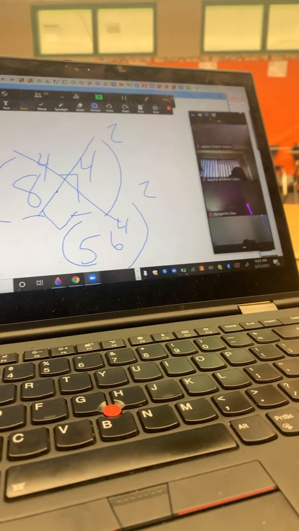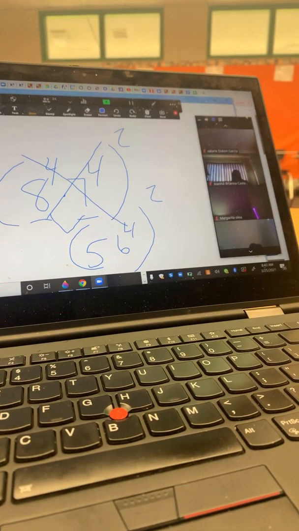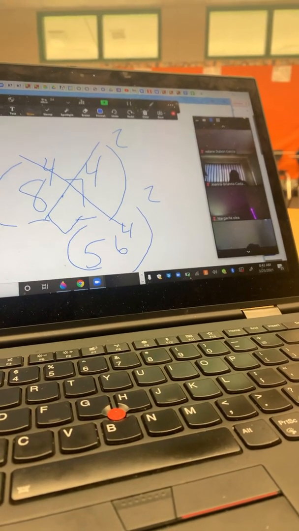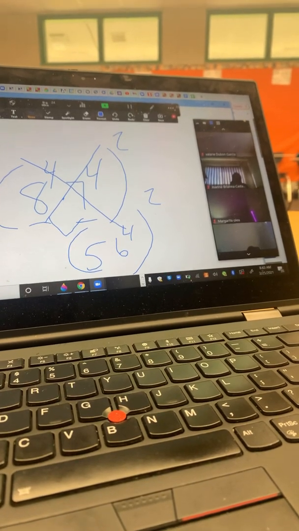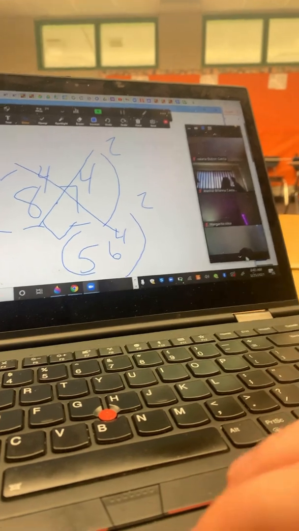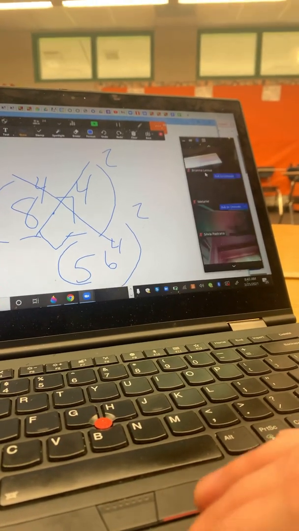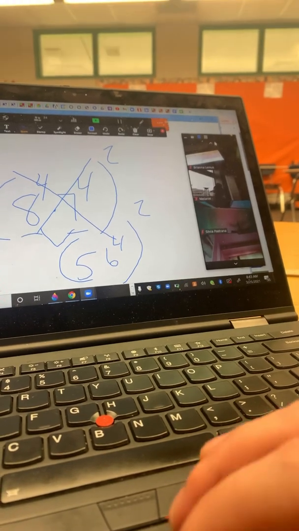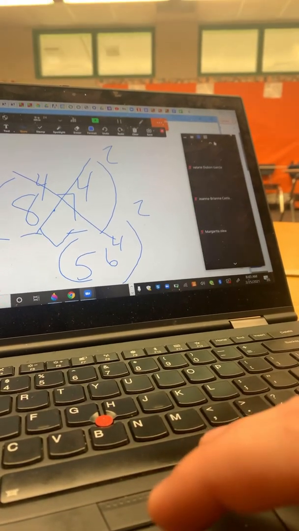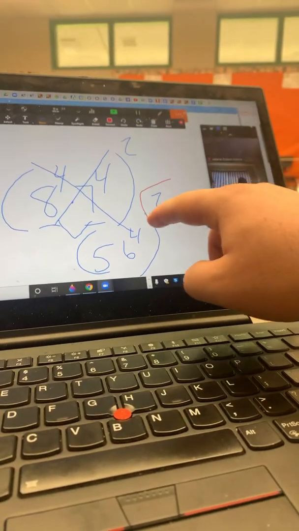Okay, so now, how many groupings of 56 are there going to be? Show me those peace signs again. In some parts of the world, it also means victory. 2, right? We're going to have 2 groupings.